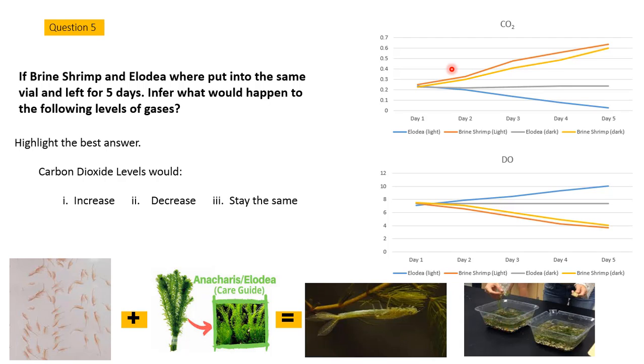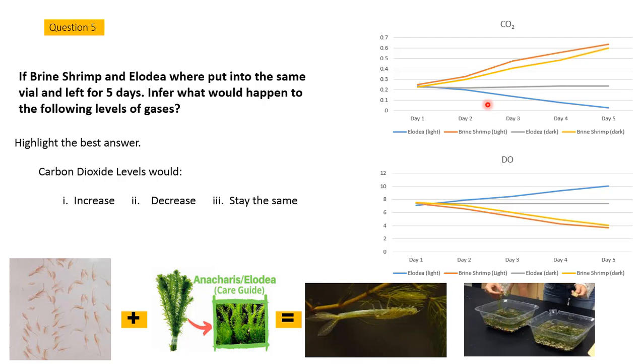Now some people might say increase because we have them pumping it out at night and day. But if you remember from week 6, the levels of carbon dioxide in the atmosphere go up and down. They're going down in the daytime because the plants are sucking in carbon dioxide, and they go up at nighttime because these guys are pushing it out.